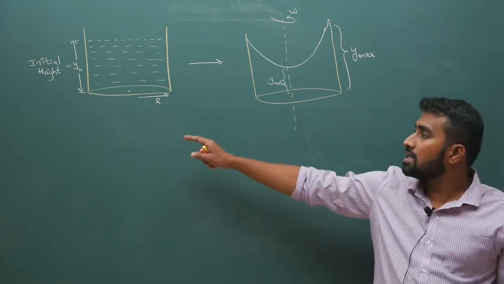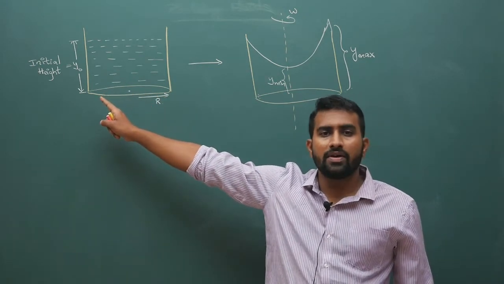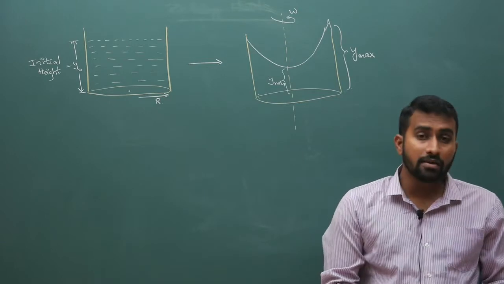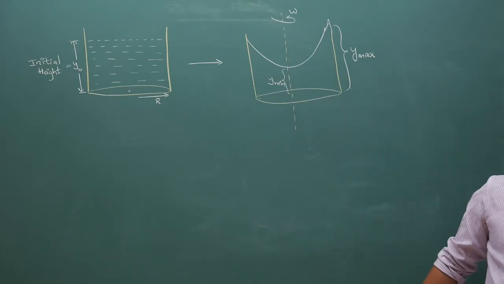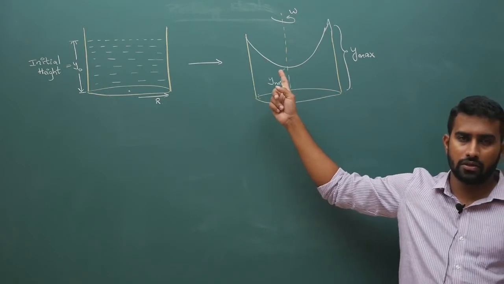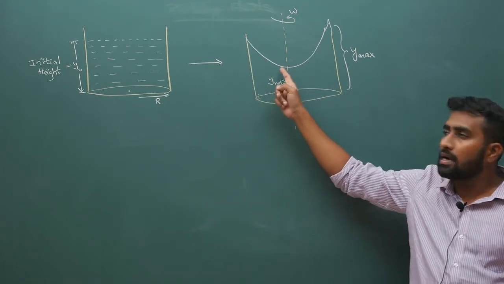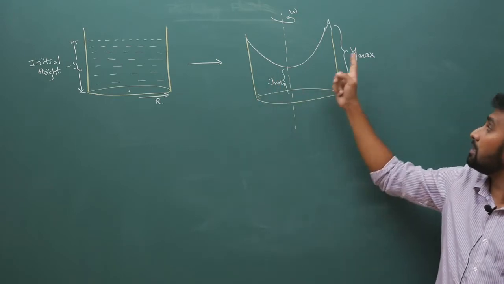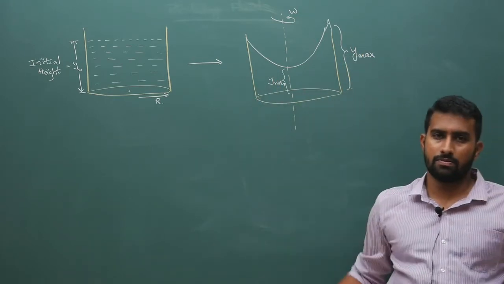Initially you have a liquid column up to a height of y0. Later, because of the rotation, it will take this kind of paraboloidal shape, and in that shape you have minimum height y min and maximum height y max.